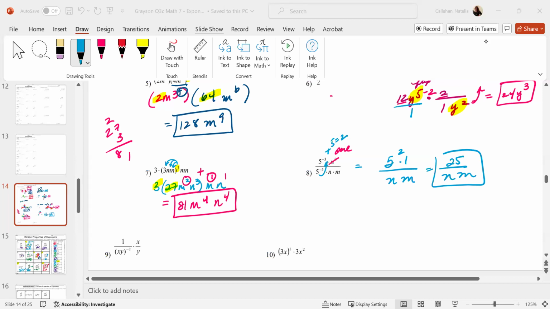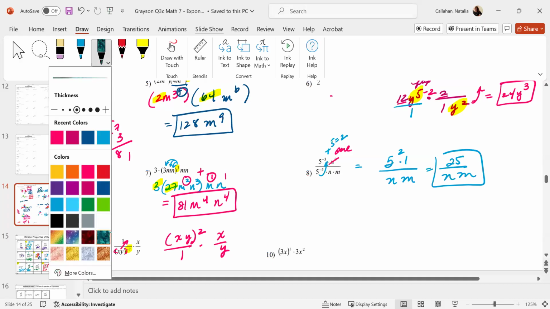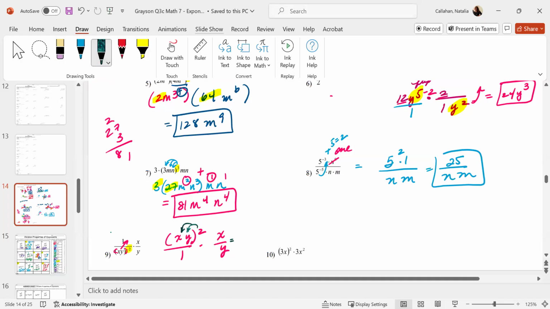Okay. So first thing I notice is that -2 right there, right? Which means I need to move this entire thing up. So then I have xy, positive 2 now. Do you see that? Over 1 times x over y. The x over y did not change, okay? Now you distribute this. You see that? x squared, y squared, times x over y.